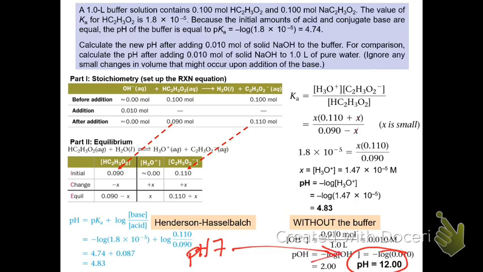That is a huge change in pH compared to the buffer. The pH of the buffer initially, before the addition of the sodium hydroxide, is 4.74, and after the addition, it changed to 4.83. So there's not very much change.